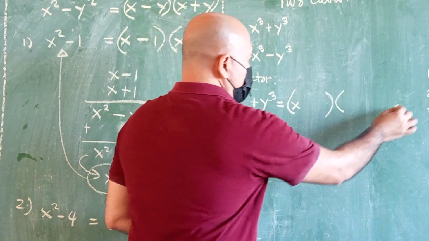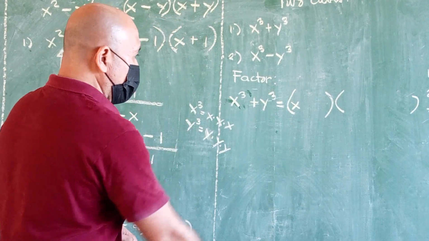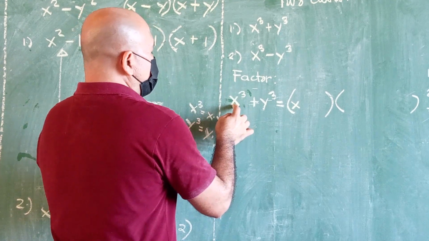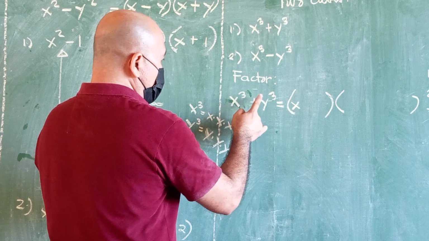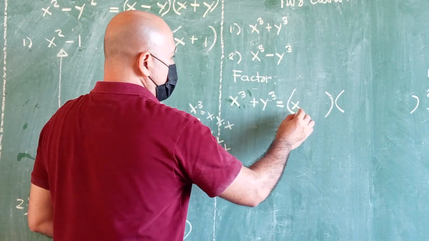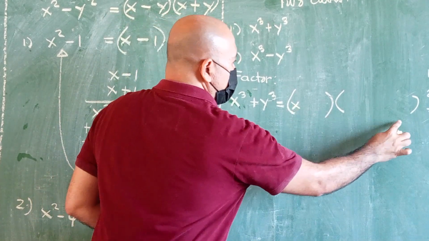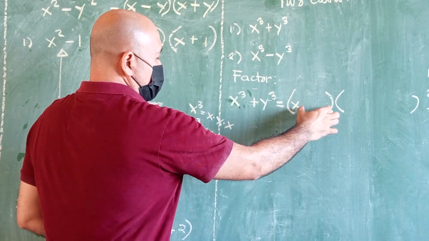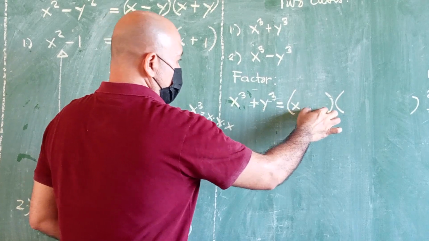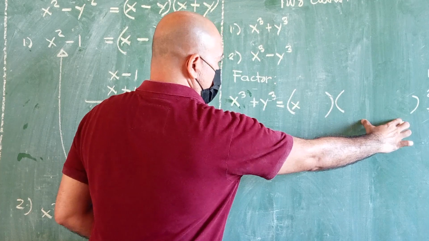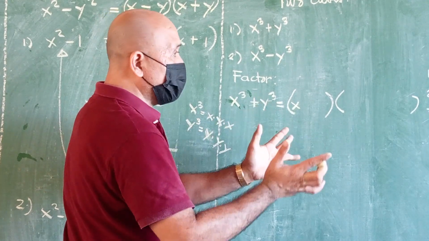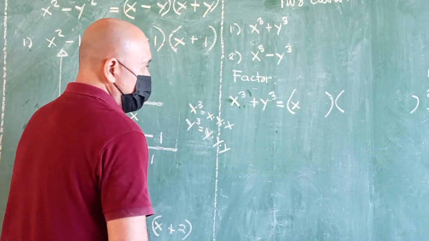That means your second factor is a trinomial, while the first factor is a binomial. So the first factor has two terms, and the second, as a trinomial, will have three terms as the second component factor of x cubed plus y cubed.